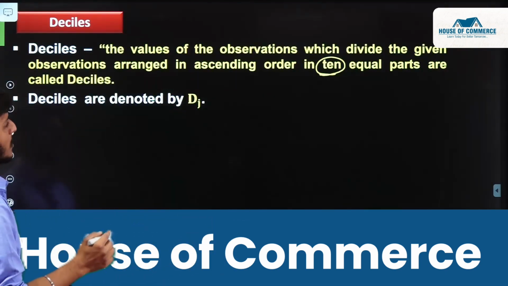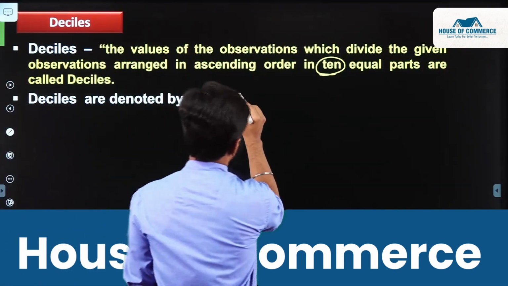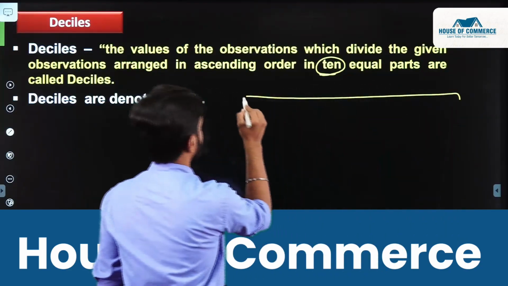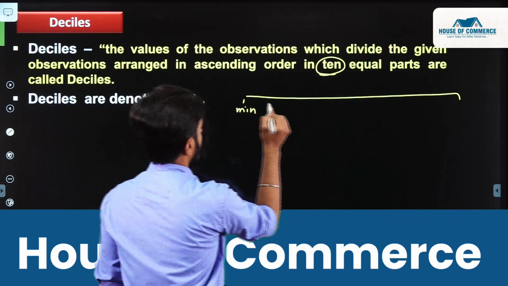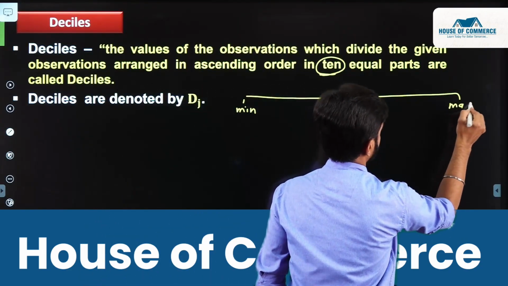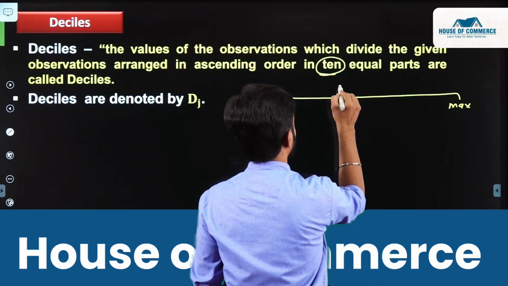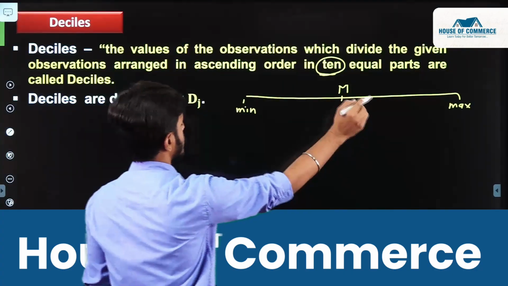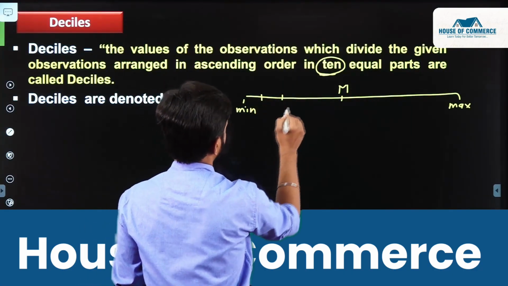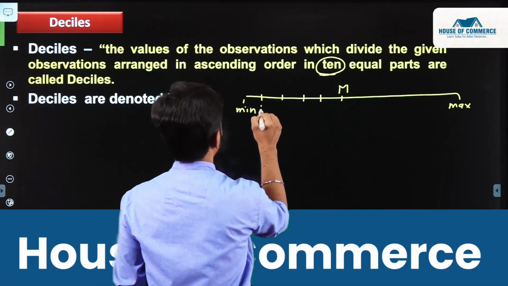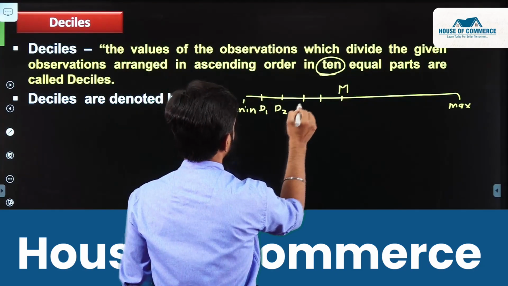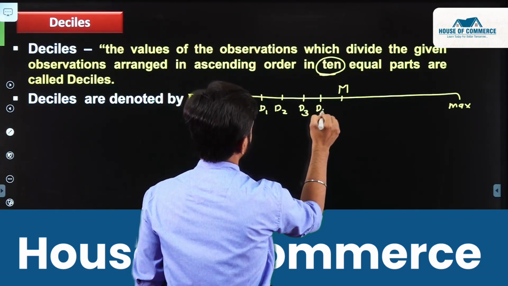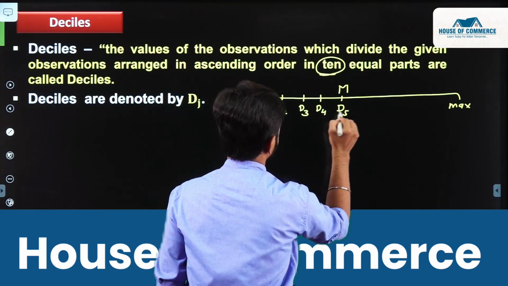So I am dividing all the observations into 10 equal parts. At the start, I get the minimum value, at the end I get the maximum value, and at the center I use the median, which divides all the observations into 2 equal parts. Dividing those observations, I get 1, 2, 3, 4 and 5, that means D1, D2, D3, D4, and this is D5.